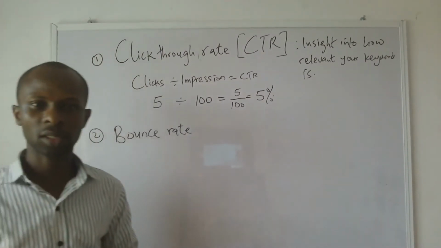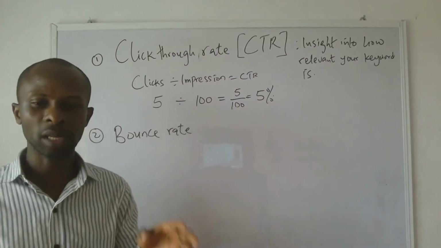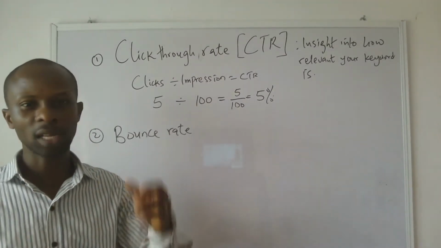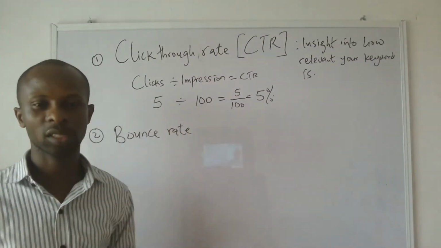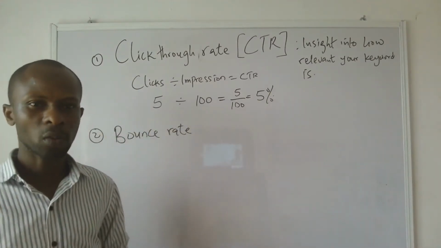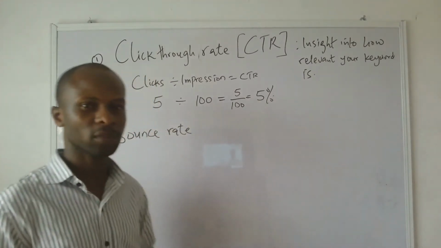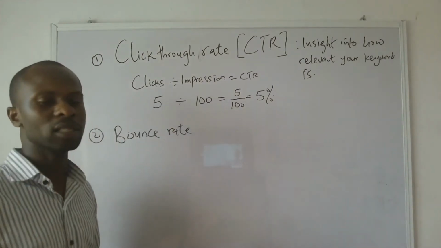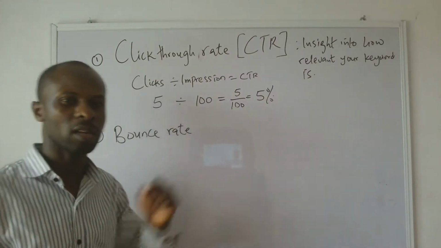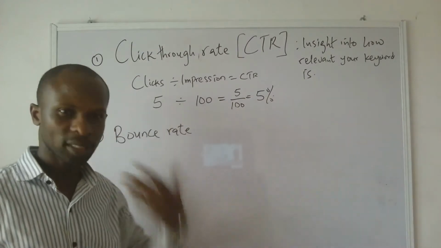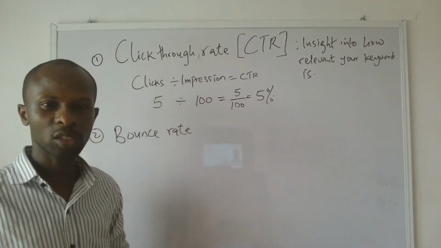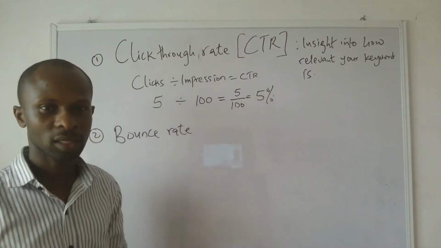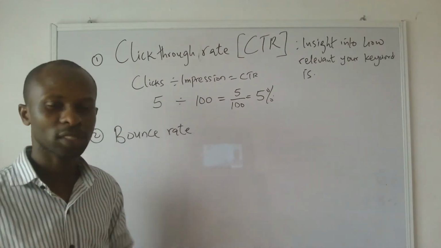For instance, on your website you have home, about, contact us, and several pages in your menu. But once people land on it from anywhere, from the search engine, from social media, if they don't click on another page before exiting, you're going to have a very high bounce rate. That means people are bouncing off your site.